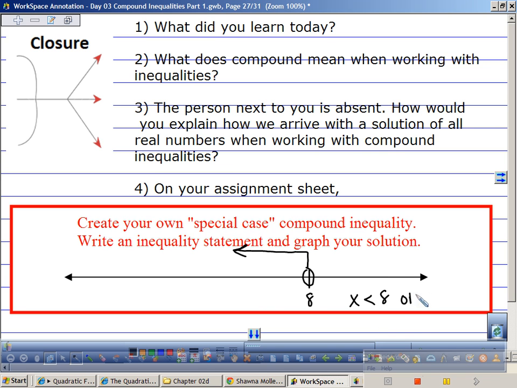Or, what else? Everything less than 9. That would be a special case. Let's do one where it's all real numbers, though. Then everything more than 7. That would be all real numbers.